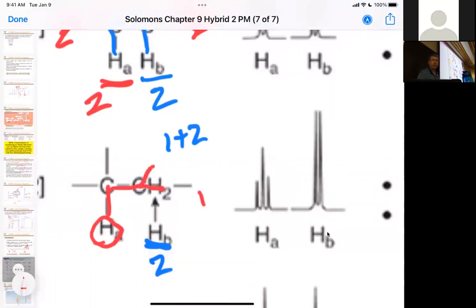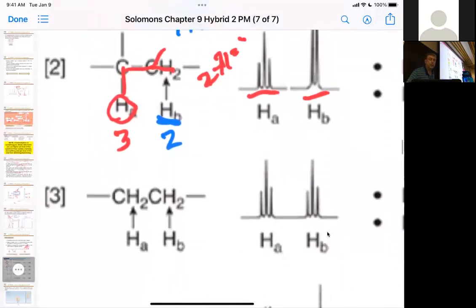So that's going to be 2 plus 1 is equal to 3. So this is going to be 3 peaks. Okay, so the common pattern is going to be 3, 2. That's telling you that you have those peaks nearby. Do you see what I mean by non-equivalent hydrogens and the hydrogens that are within 3 bonds?